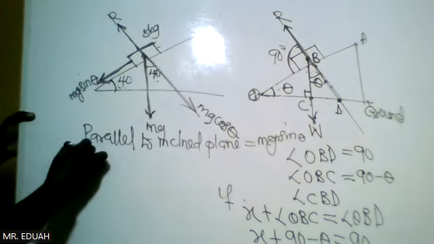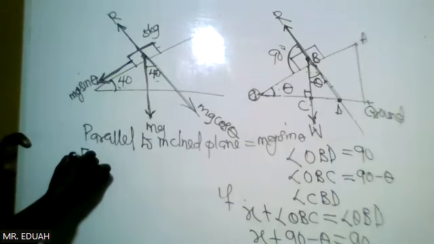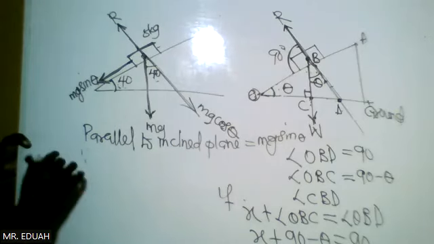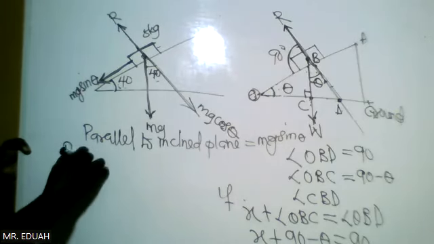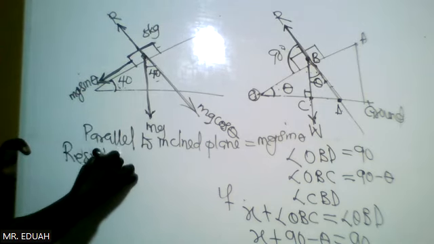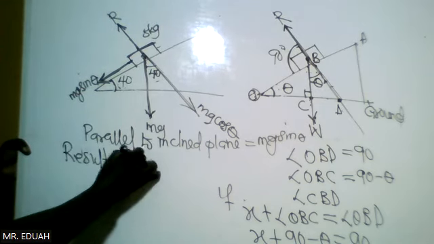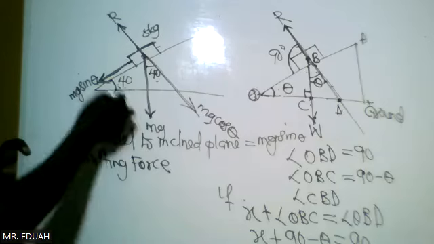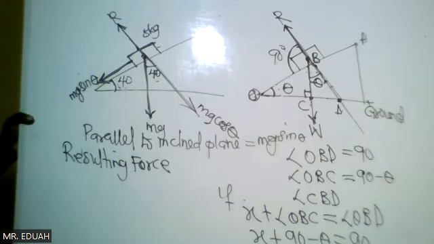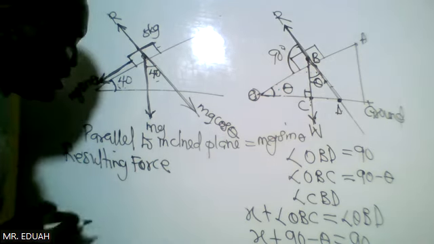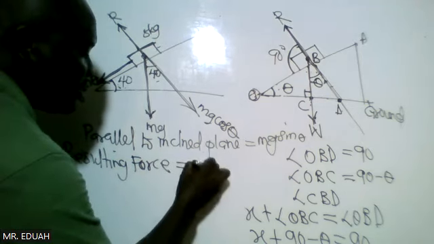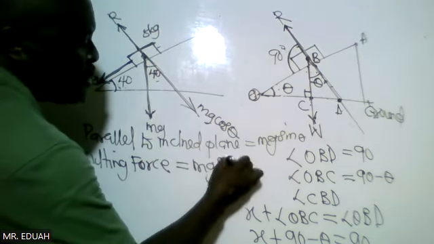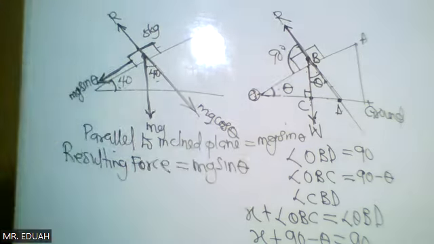It means the resultant force accelerating it down is only due to the always existing mg sine theta. So the resultant force is equal to mg sine theta because there's no opposition at the other end.